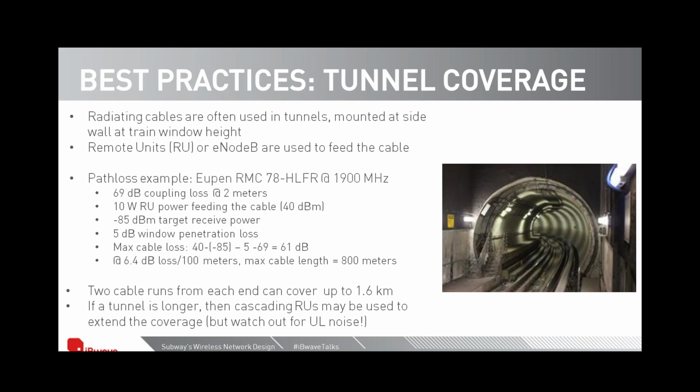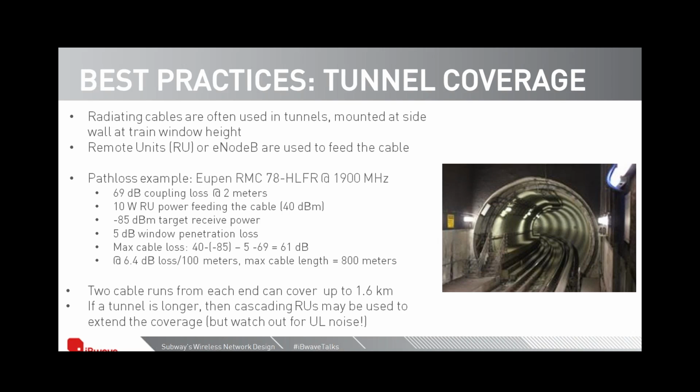Now the question is, what is best for tunnel coverage? Is it Yagi antenna or is it radiating cable? Well, it all depends on what type of tunnel you have. If we have a short tunnel with a line of sight between the entry and exit point, then Yagi antennas positioned at both ends may do the trick. If the tunnel is longer and it curves, then radiating cables are a better solution.